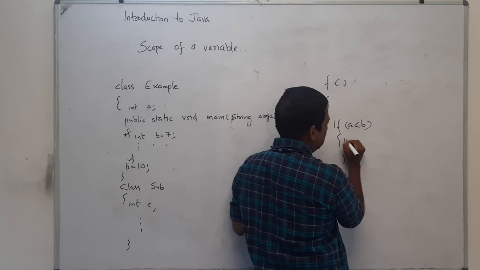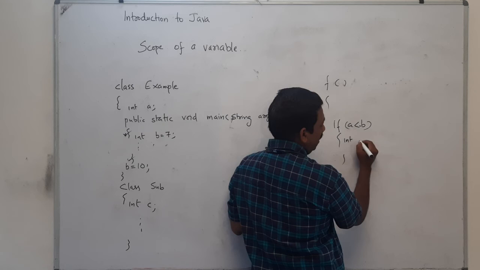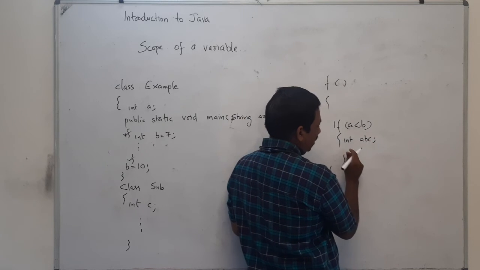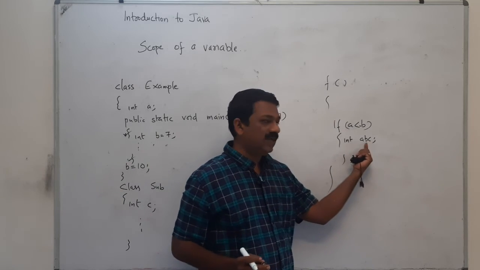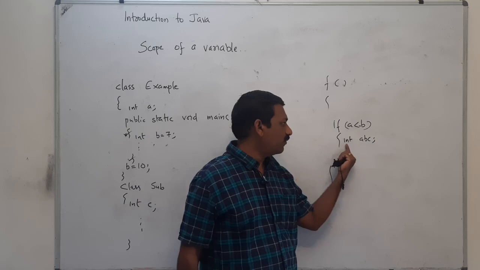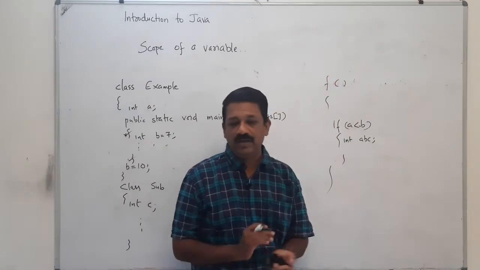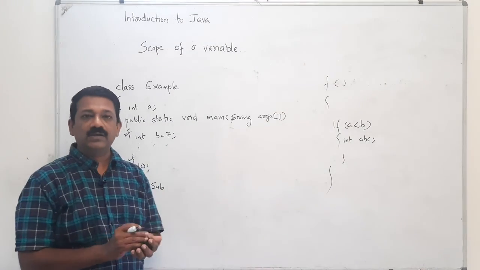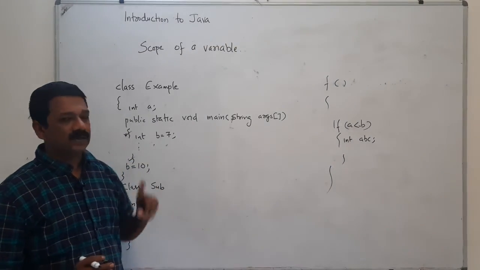And now inside that, suppose that I am going to have int abc, and this variable abc is visible only inside this block. That means scope of this variable is inside this block.